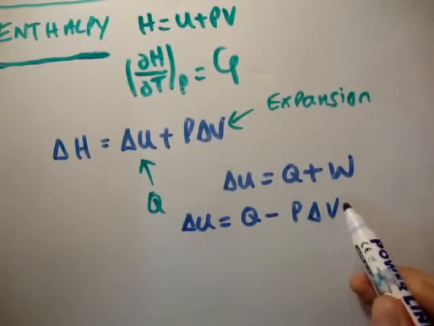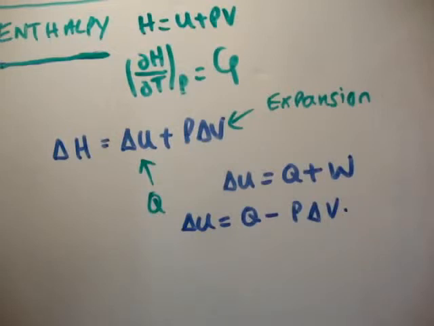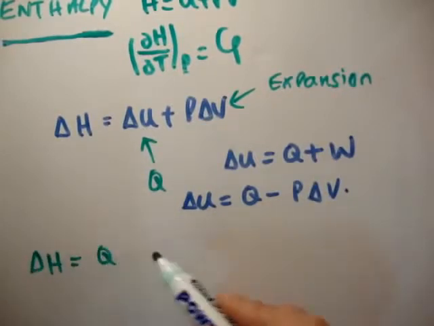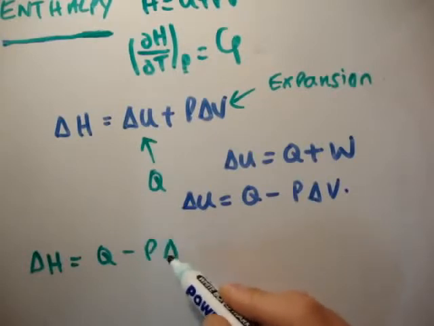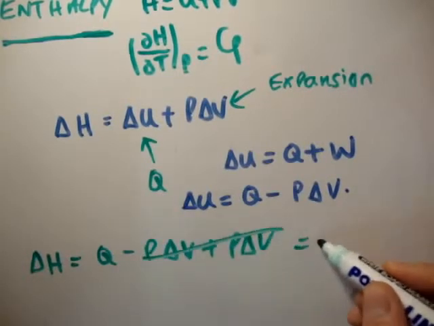So if delta V is negative, it's being compressed, and this will become a positive number here. Okay? So the change in internal energy is Q minus P delta V. So let's plug that in. What we get now is that delta H, the change in enthalpy, is equal to Q minus P delta V plus P delta V, which is already there, which these go, leaving Q.